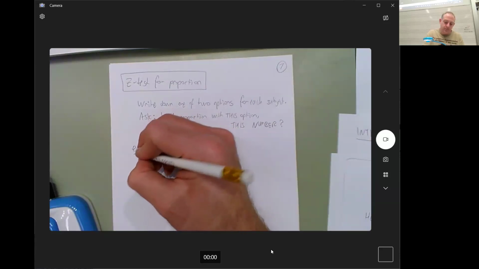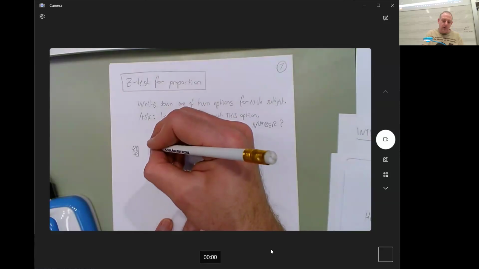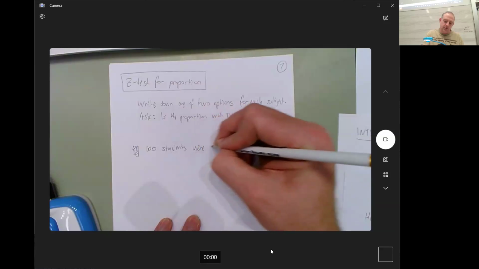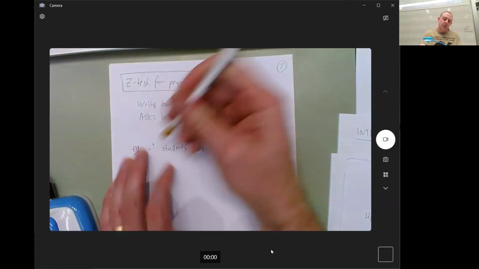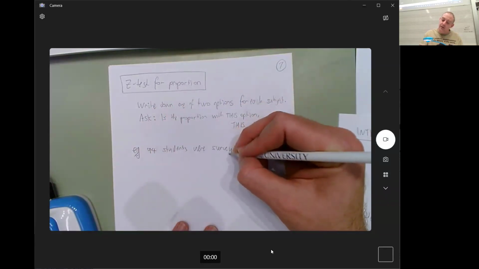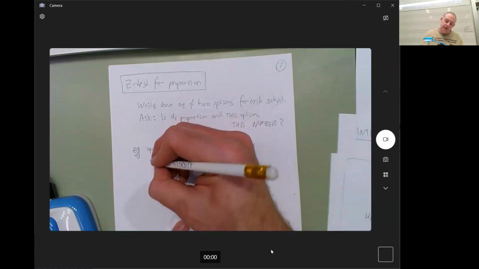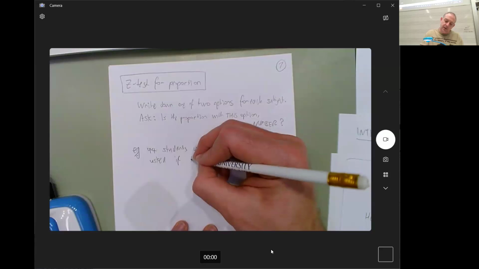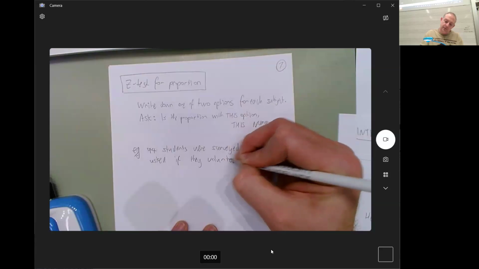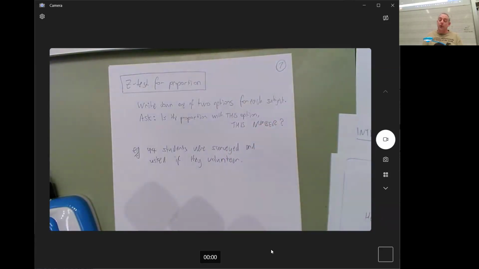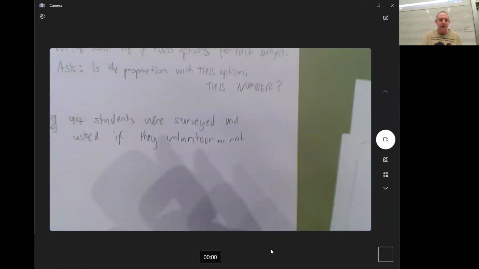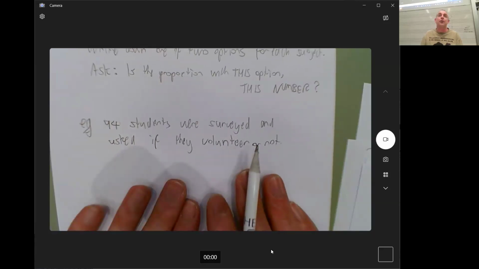So for example, I'm not going to use 100. I'm going to use a more memorable number, 94. Students were surveyed and asked if they volunteer or not. So two options. 94 students were surveyed and asked if they volunteer or not.